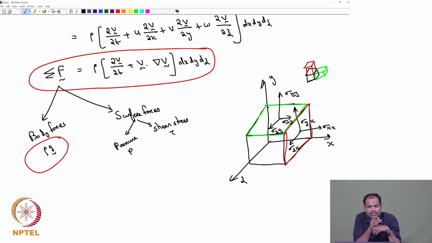So, it is not pressure that is really important, it is the difference in pressure, the gradient of pressure that generates a force. Similarly, we will get something similar here, we need to find out how stress is going to be reflected as force.